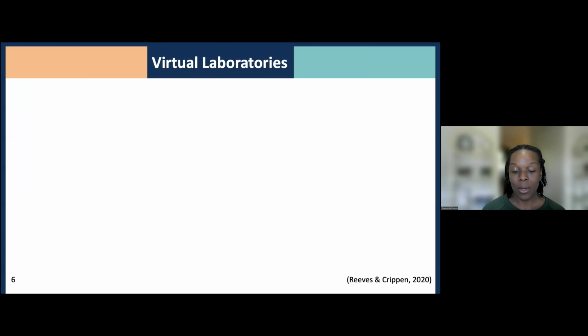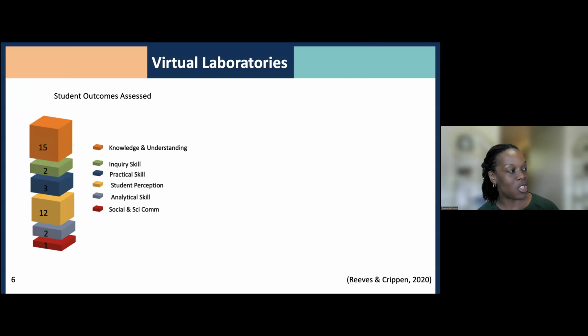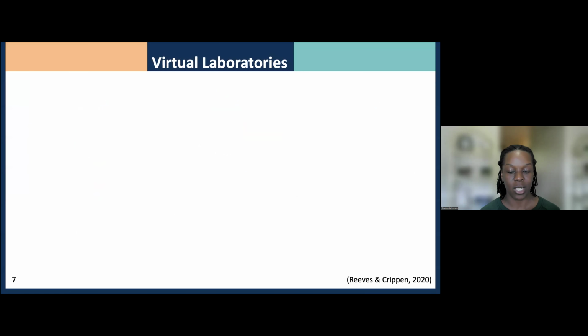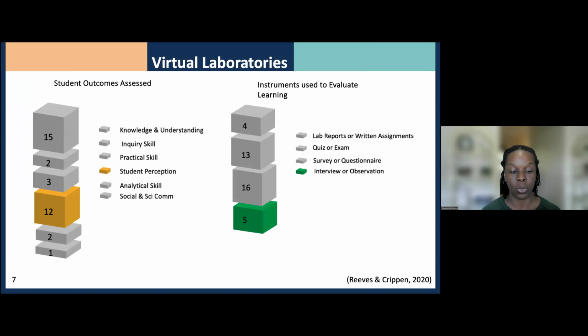So I was really interested in what people are actually measuring. As you see, knowledge and understanding is the biggest measurement that people reported on, followed by surveys and questionnaires. But what I found very interesting is that the perception being assessed, juxtaposed to actual interviews and observations, didn't quite match.